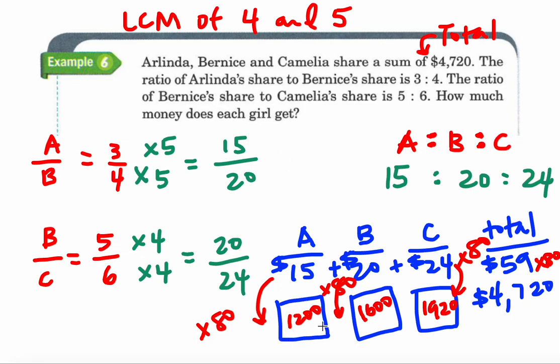Arlinda gets $1,200. Bernice gets $1,600, and Camelia gets $1,920. So I would circle this as my answer. That's it. So solving your word problems really helps to organize your work.